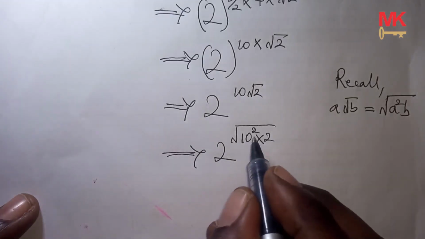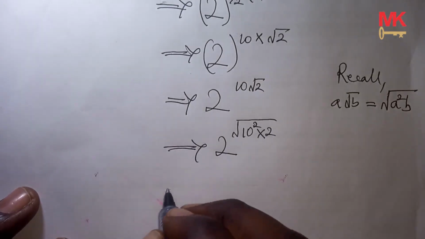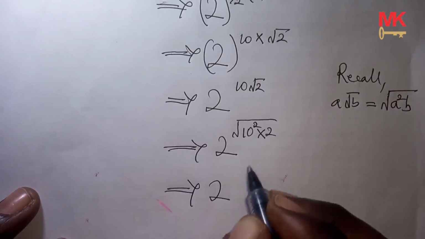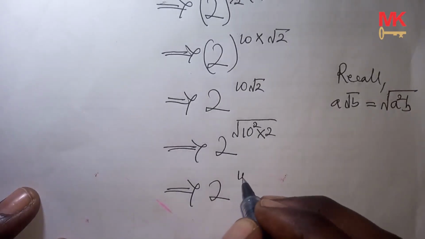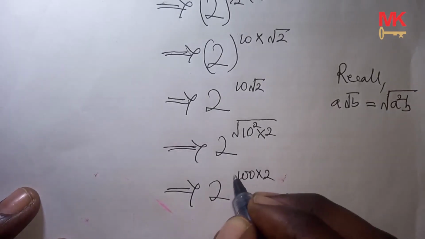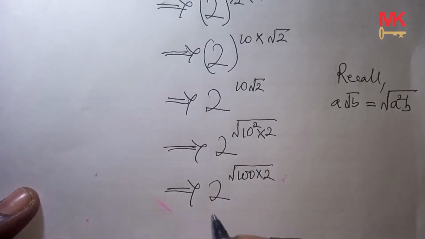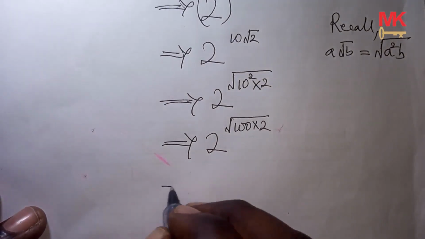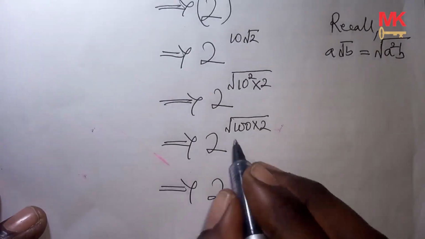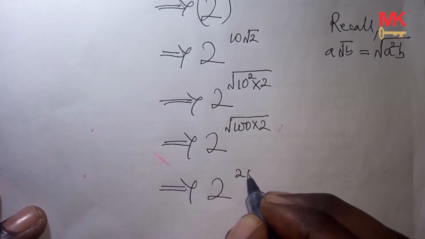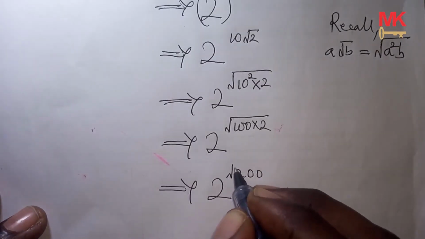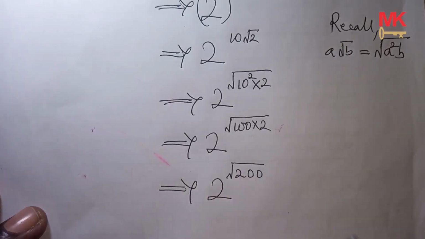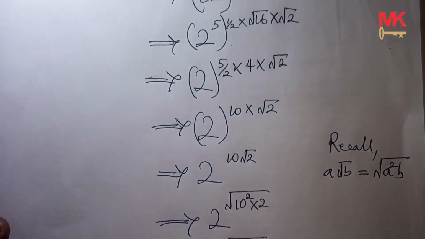You see, this is 2 raised to power 10 squared times 2, which now implies 10 squared is 100 times 2. So this now implies 2 raised to power root 200.